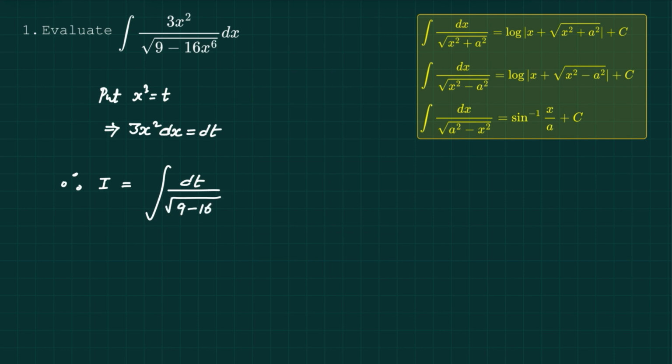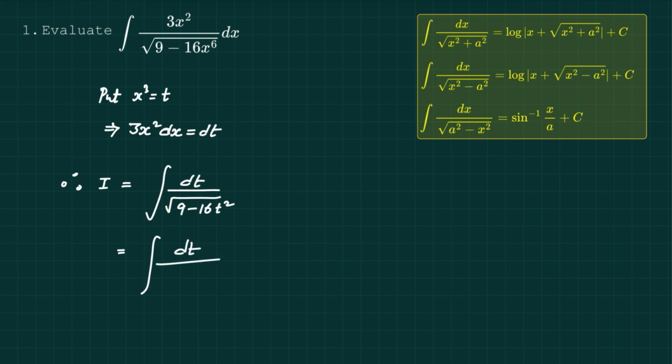Therefore, the integral I will be equal to dt over the square root of 9 minus 16. Since x cubed is t, x to the power 6 is t squared. And here we have to notice in the formula that the coefficient of x squared is always 1. Since there is 16 in front of t squared, we will take 16 common.